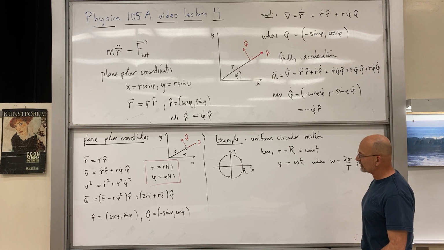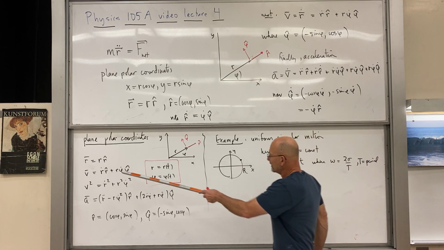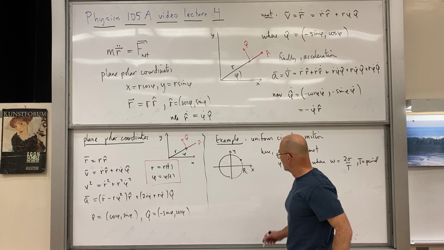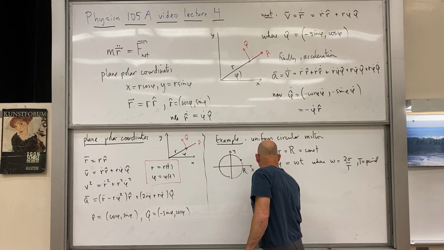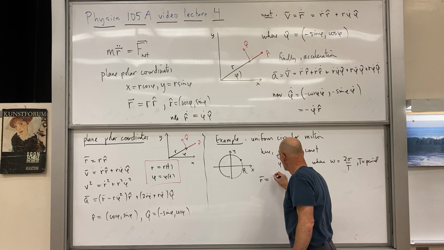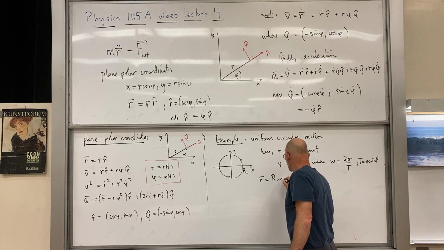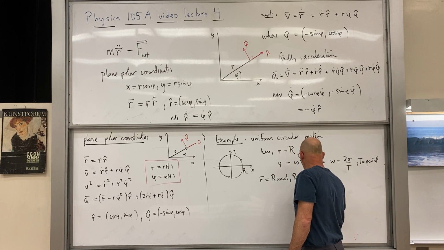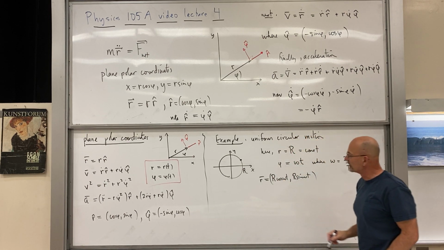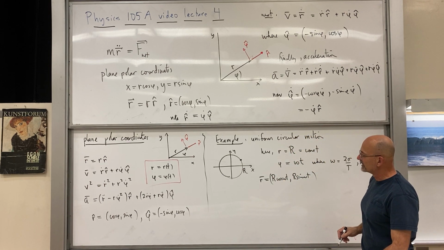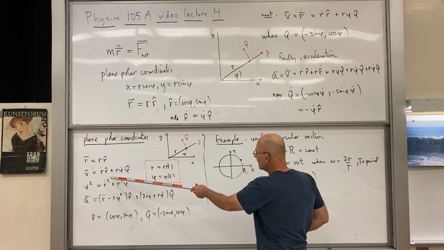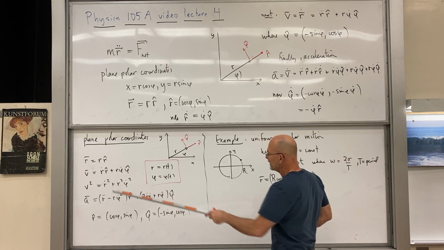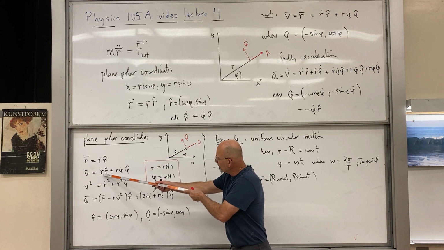So let's see what we have here. r, the vector now, is equal to R cos omega t, R sine omega t. If you were to go back to Cartesians, let's look at the velocity. r dot r hat. So r dot is going to be 0.